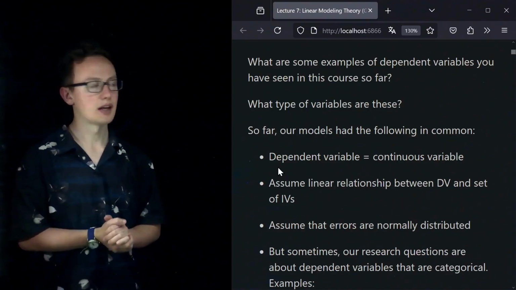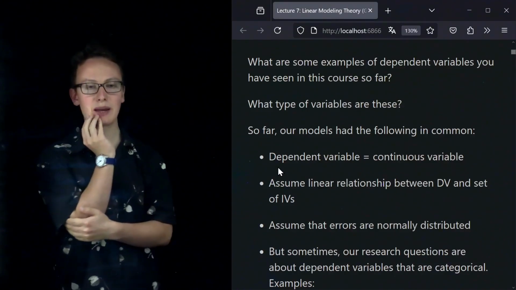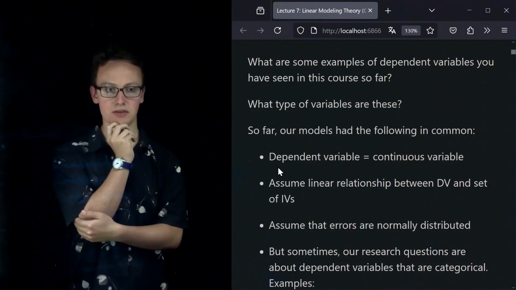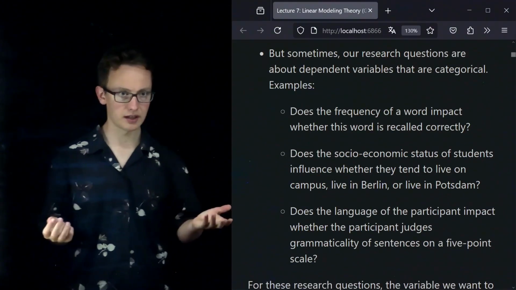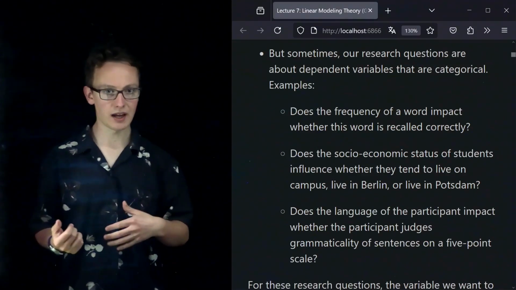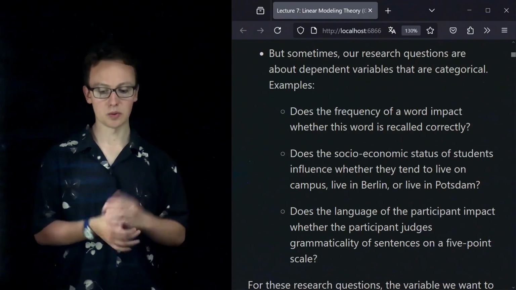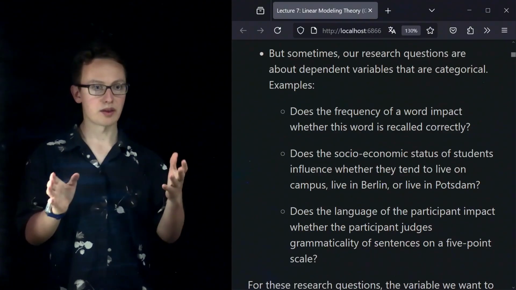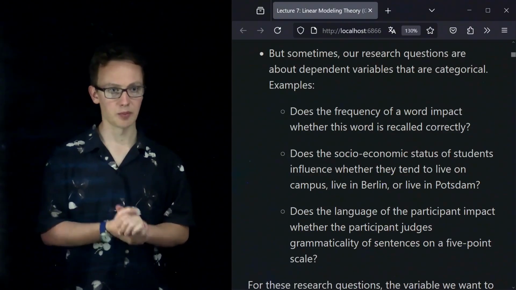So now think of research questions, which we might have, where our dependent variables are actually categorical, not continuous. Okay? Several examples. Say you're running an experiment where participants have to memorize and then later recall words. So what you might want to measure is, for each observation, whether a word was or wasn't recalled correctly by a participant.